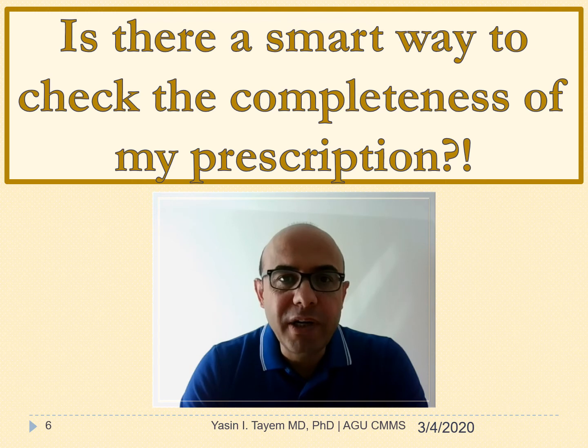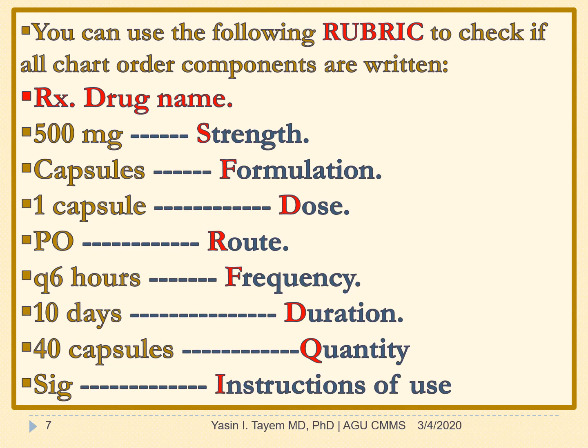Is there a smart way to check the completeness of my prescription? You can use the following rubric to check if all components of the prescription are written. The first one is Rx, followed by drug generic name.